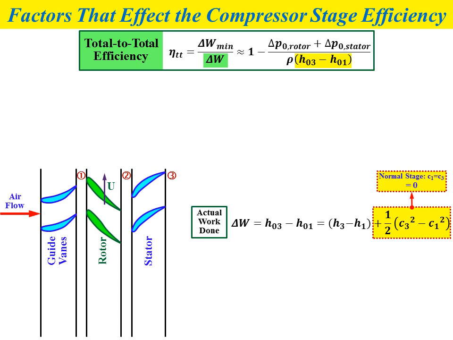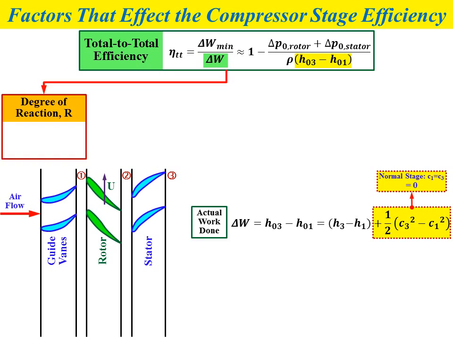So the term H03 minus H01 in the total efficiency, if we consider normal stage condition, we can replace with H3 minus H1. Instead of stagnation enthalpy difference, we can also use static enthalpy difference if we consider normal stage condition.